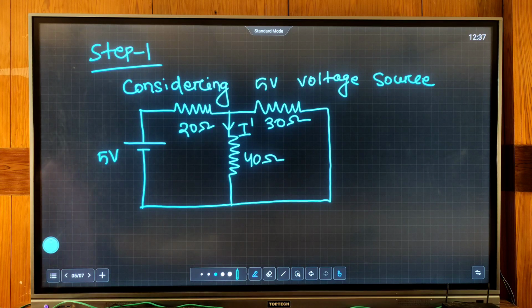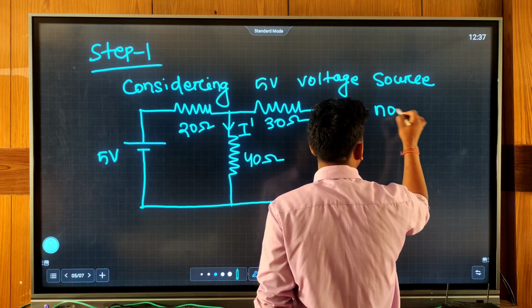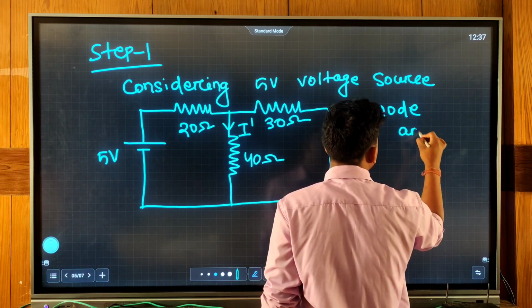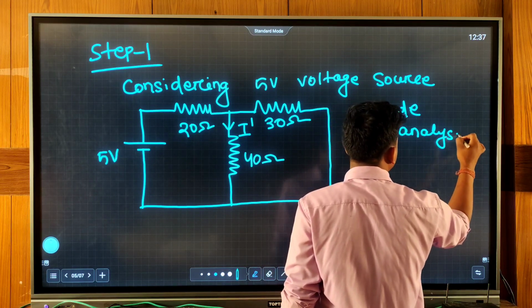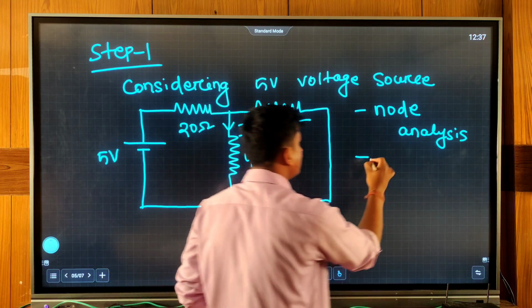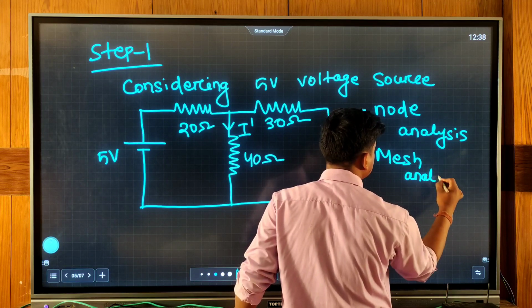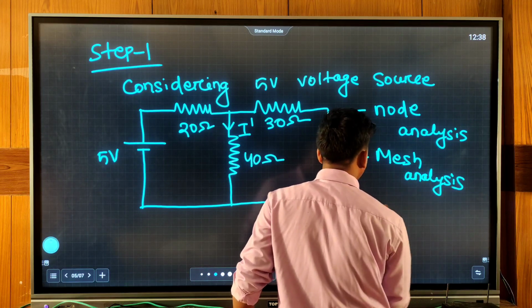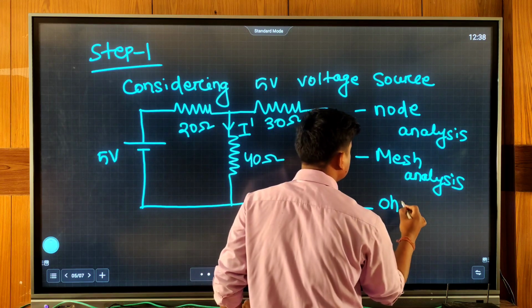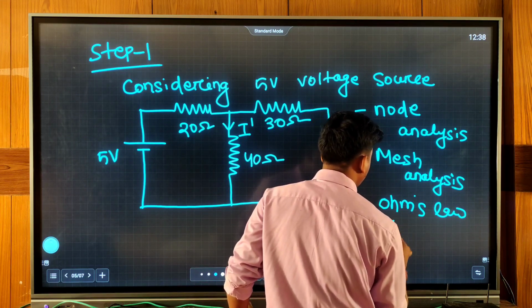There are several methods to calculate I S. First, we can use KCL, that is node analysis. Second, we can use mesh analysis. Third, we can use Ohm's law and current division rule.